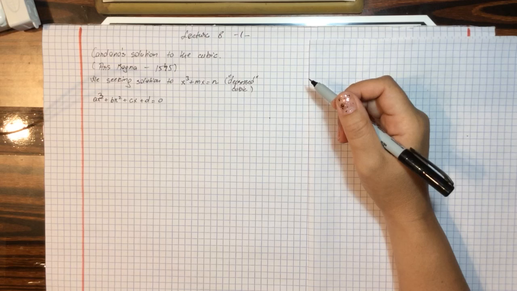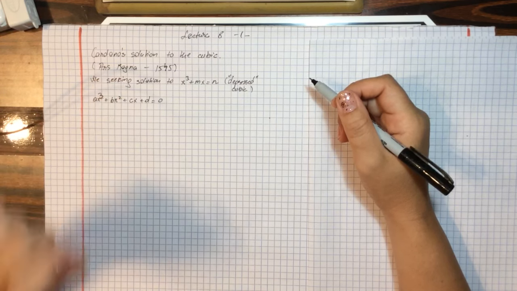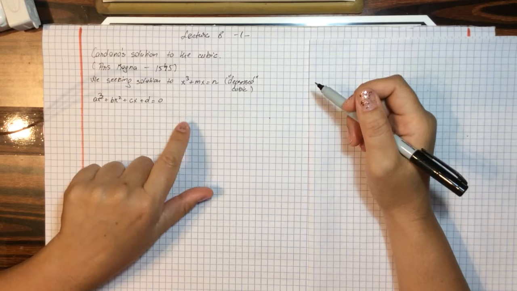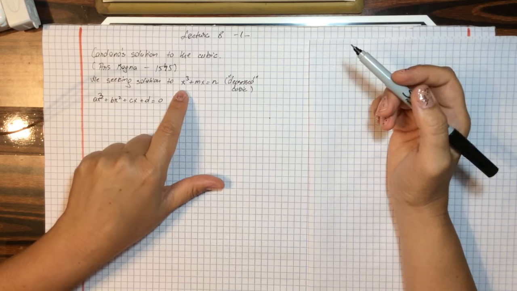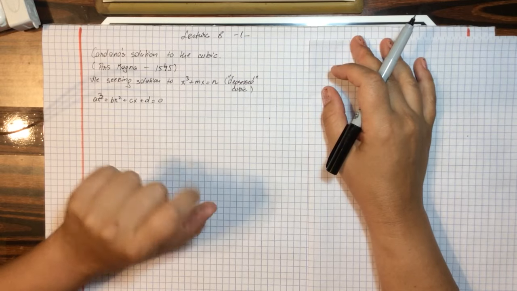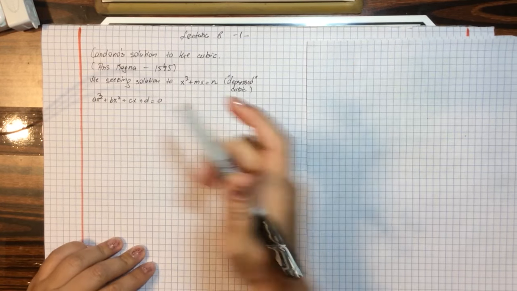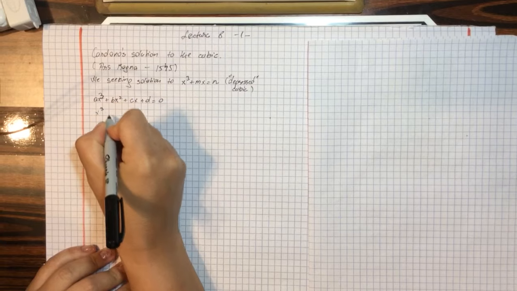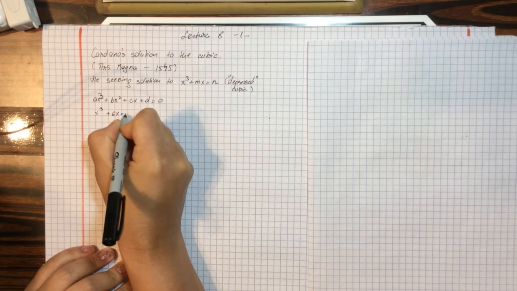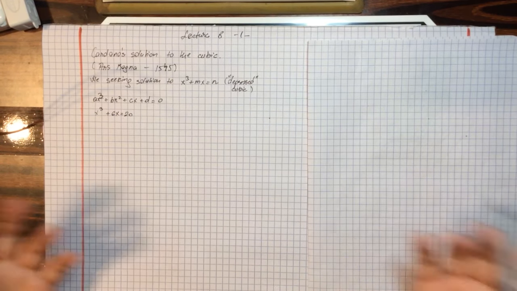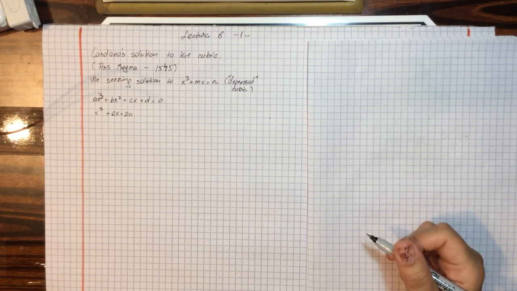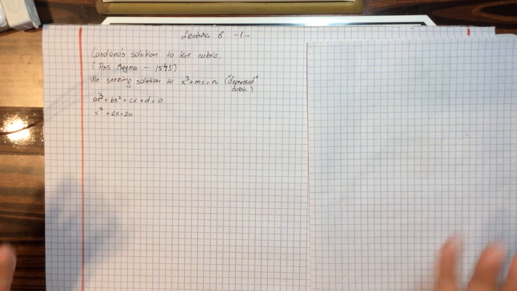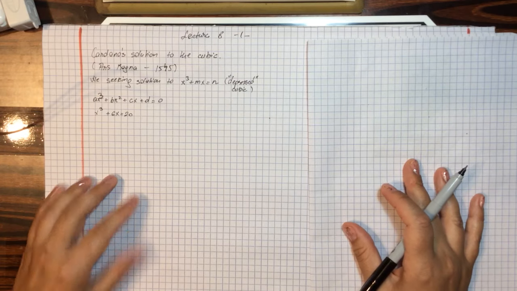Okay, it should be mentioned that in his book, Cardano actually supplied a solution to a very specific cubic equation, namely x to the third plus 6x equals 20. Of course, x equal to 2 would be a solution, as we all probably know.